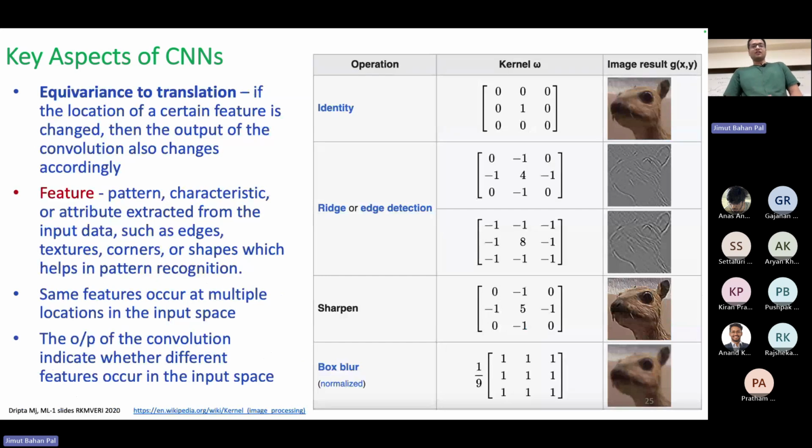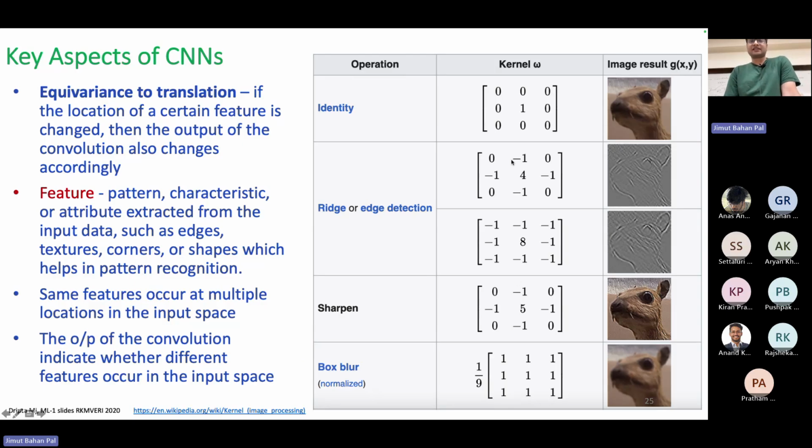Some more key aspects of CNN: CNN is equivariant to translation. So if the location of a certain feature is changed, then the output of the convolution also changes accordingly. And what is a feature? A feature is a pattern, characteristic, or attribute extracted from input data, such as edges, texture, corners, or shapes, which helps in pattern recognition.